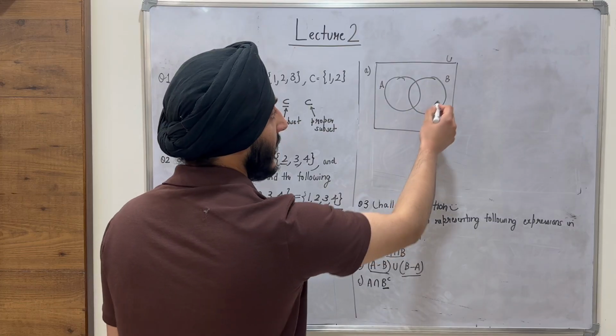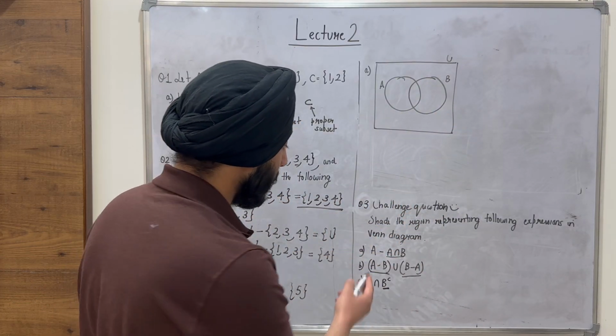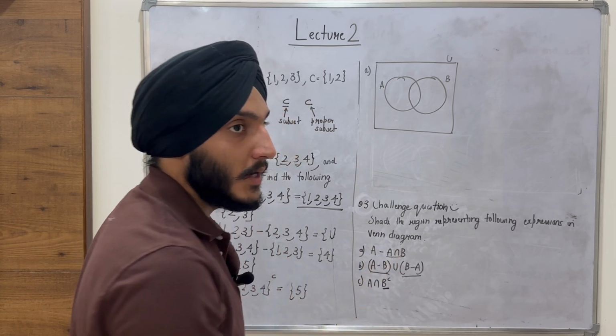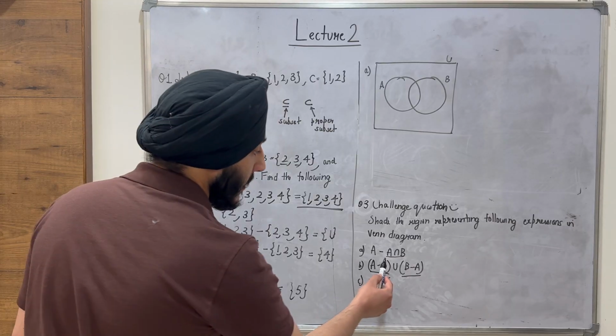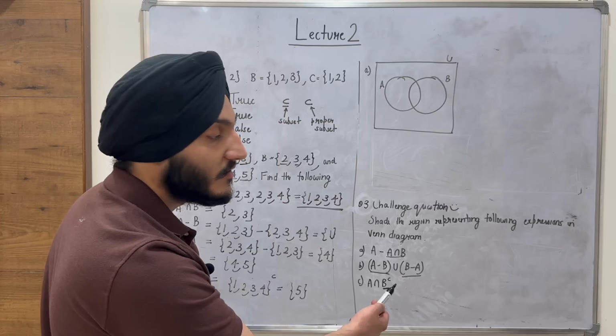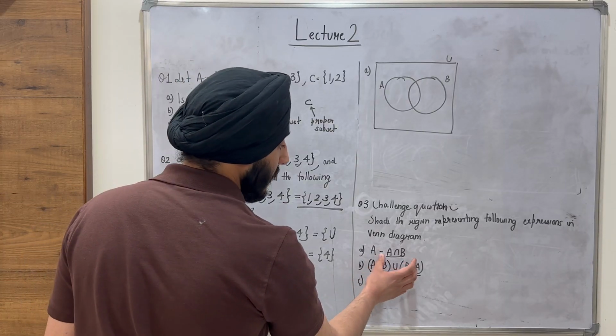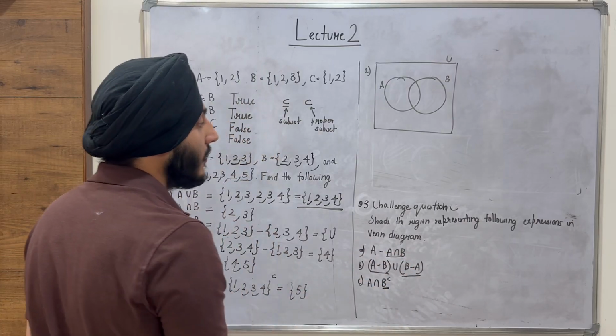This is going to be set A and this is going to be set B, right? We're supposed to solve A minus A intersection B. So this is again a complicated question, right? It combines intersection with the minus symbol or the difference symbol, right?